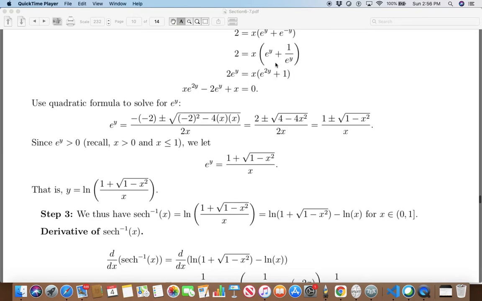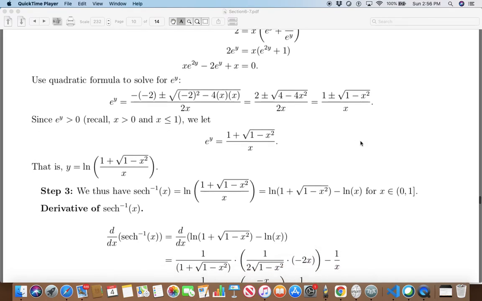Clear the denominator: 2 e raised to y equals x times (e raised to 2y plus 1). Get everybody on one side, keeping the positive side positive. You just move this to the other side. Now use the quadratic formula. Notice e raised to y is the unknown. Using your quadratic formula, you get this situation.